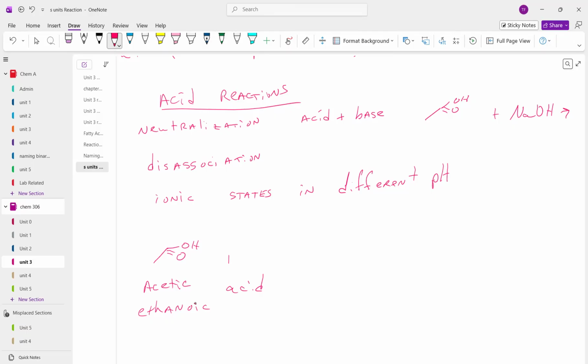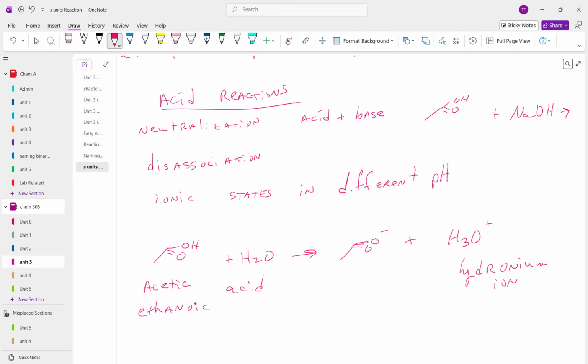So what you end up doing is, and this is a hydronium ion. Most of the time, they just write H plus.